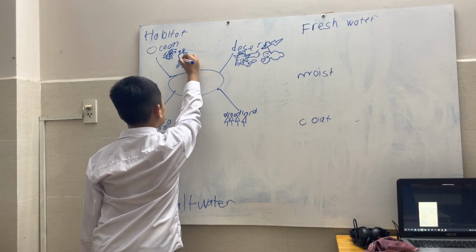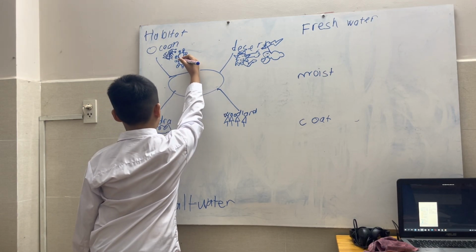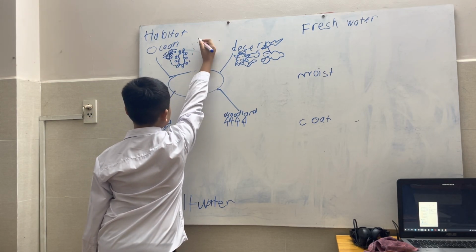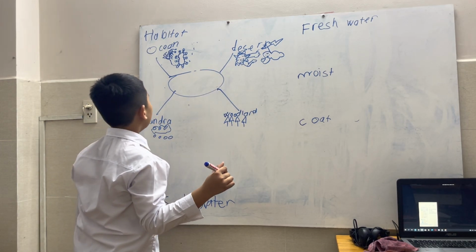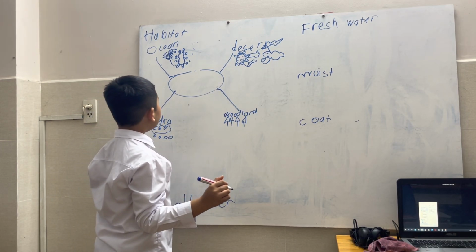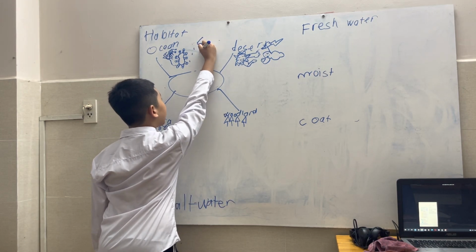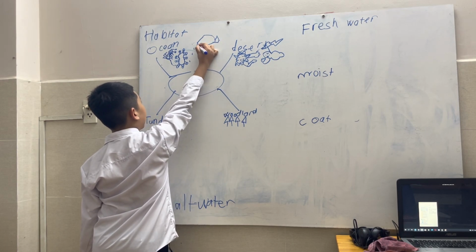Okay, so this is plankton. A close-up of plankton, but actually krill eats plankton. And then the krill is eaten by fish. But a fish also eats other animals.